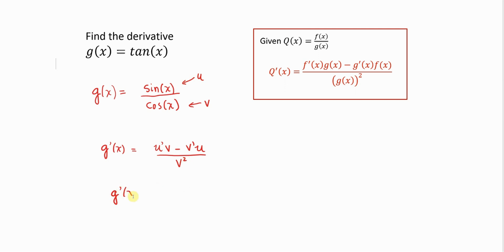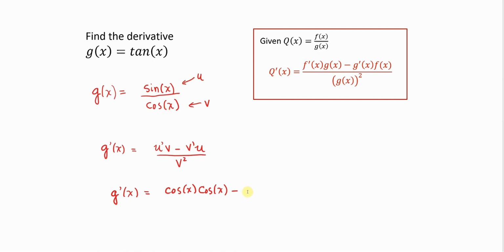This is g prime. The derivative of the numerator, sine, that has derivative cosine, times the denominator, so you get another cosine, minus the derivative of the denominator.